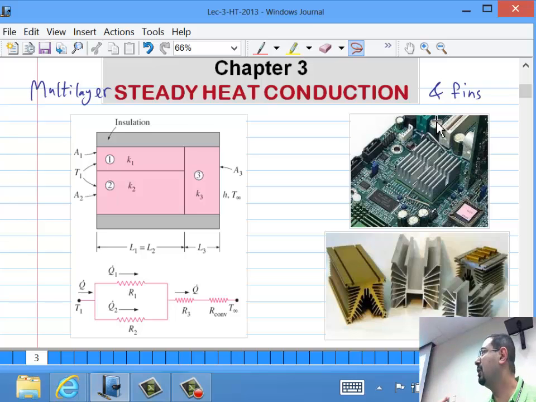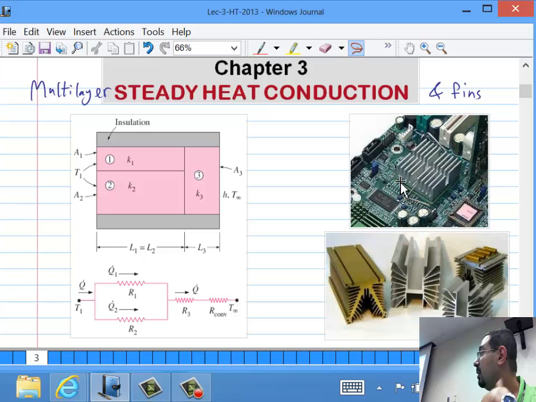And the air around here maybe has a hard time actually reaching that place. It's not like the original design where it was all exposed to air and the air can come, get hot and rise. So there are some tricks to what's really the right area we should use, and how we can predict the performance of the new finned surfaces. So that's the second part we're going to do today.